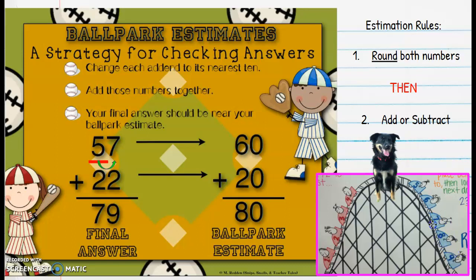It's going to tell it to score because it's going up. So that 5 is going to score and turn into a 6, and the rest turn into zeros, and that's how we get 60.